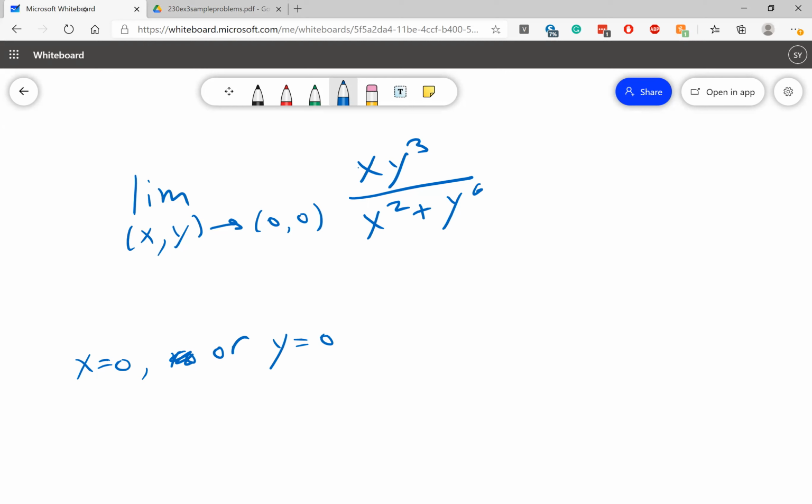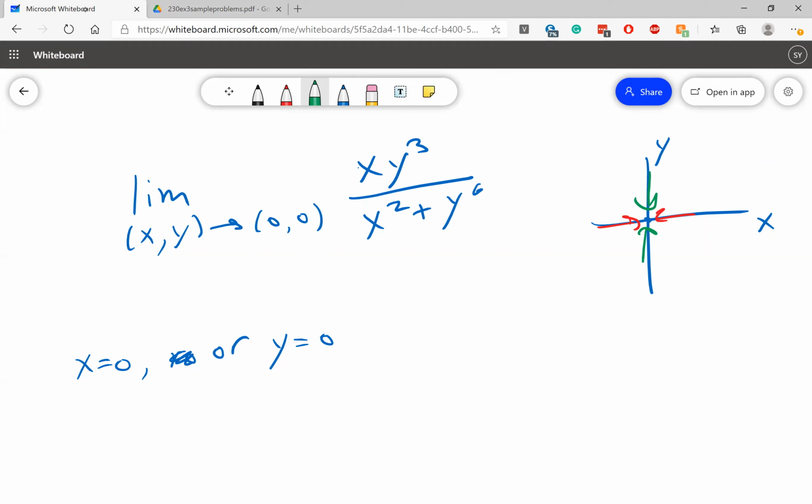So if the limit exists, it would be 0. One approach is y is equal to 0, so we approach from this direction, and the second is x is equal to 0, so we approach like that.